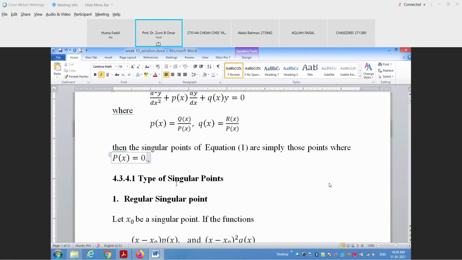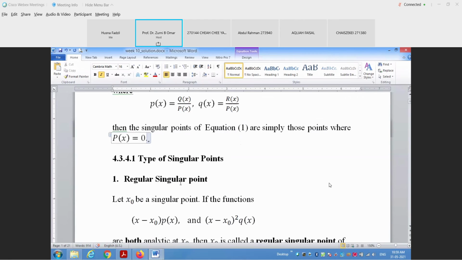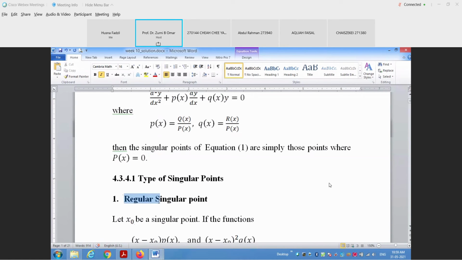The first one is known as regular singular point. The other one is irregular singular points.